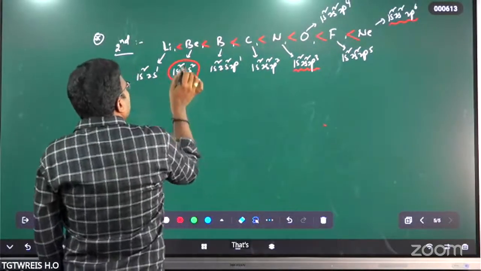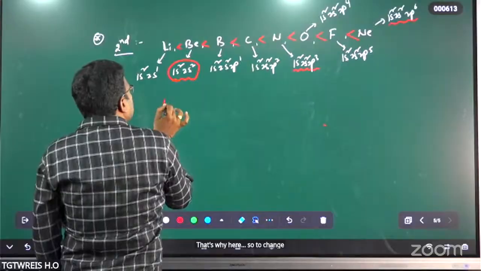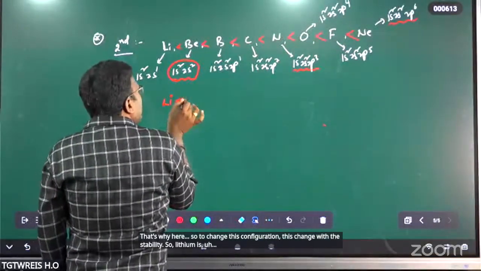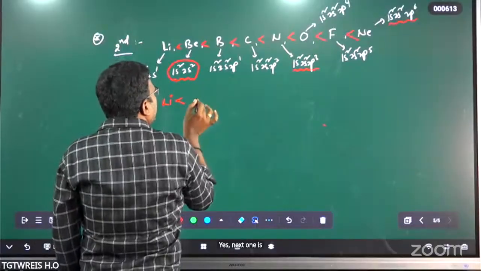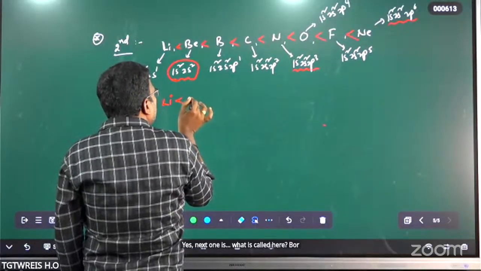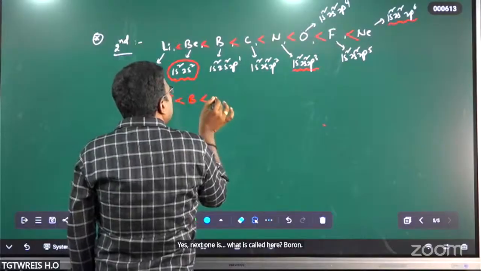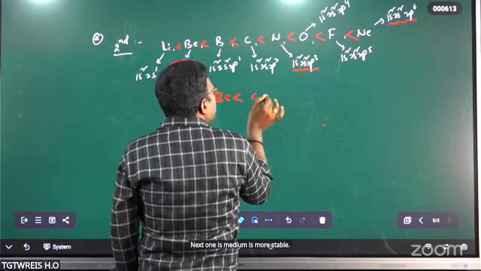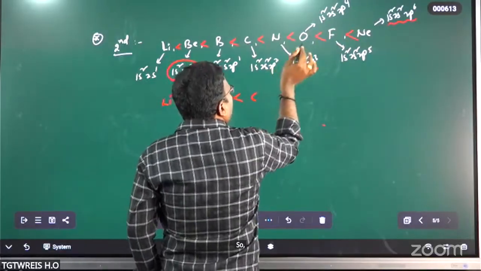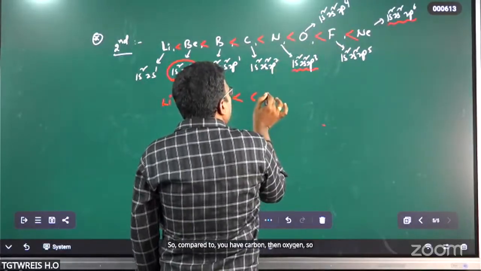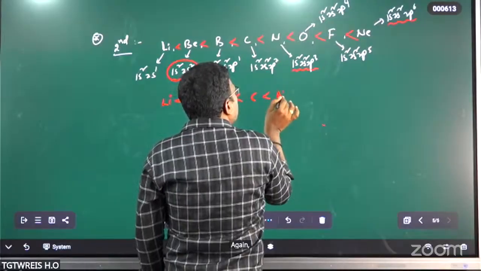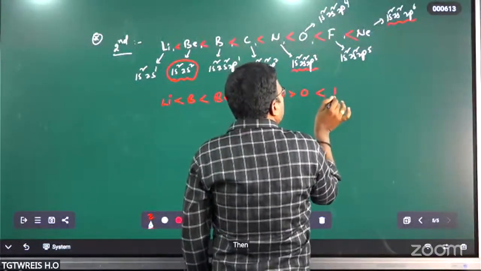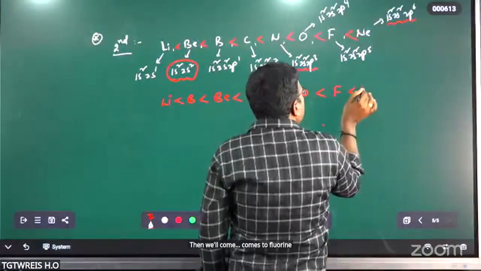That's why this changes with the stability. So lithium is first. Next is boron, then beryllium is more stable. Then carbon, then oxygen. Again nitrogen is more stable than oxygen. Then we come to fluorine. The last one is neon.